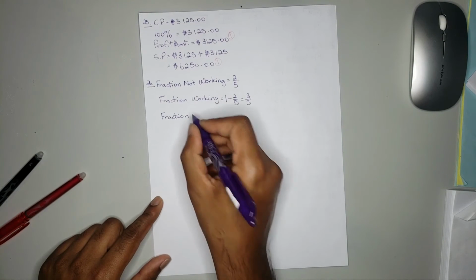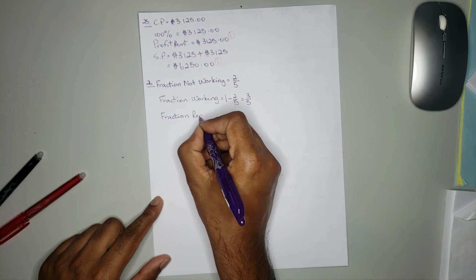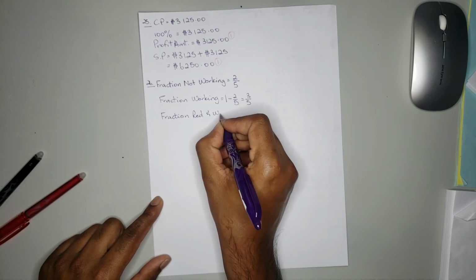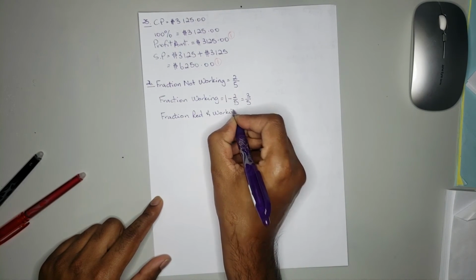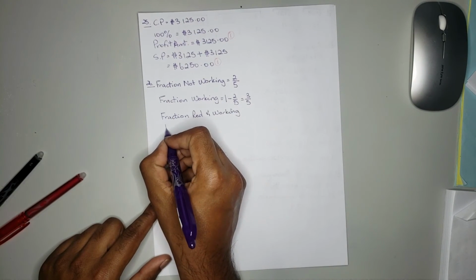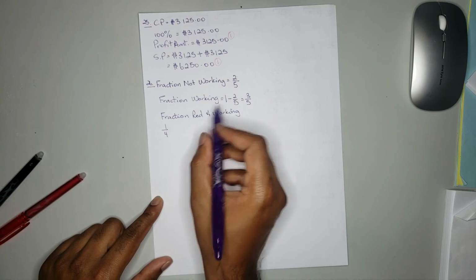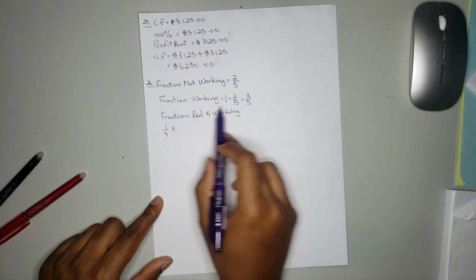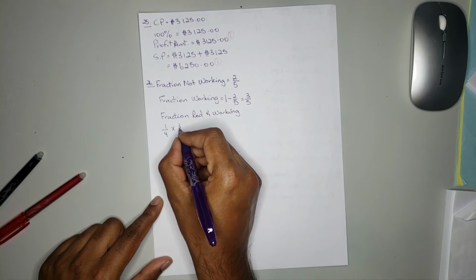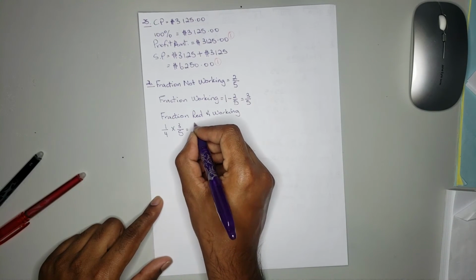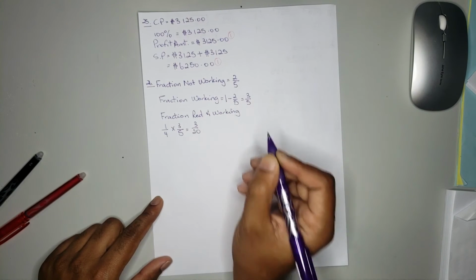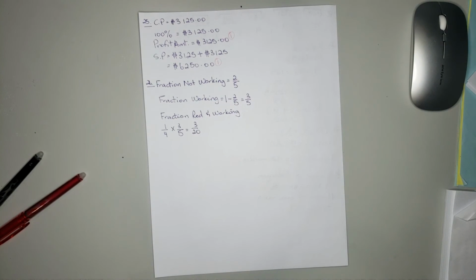So fraction which is red and working is equal to 1/4 of 3/5, because a quarter of the working pens means to multiply, and I will get 3/20. So 3/20ths will represent the amount of pens that are red and working.